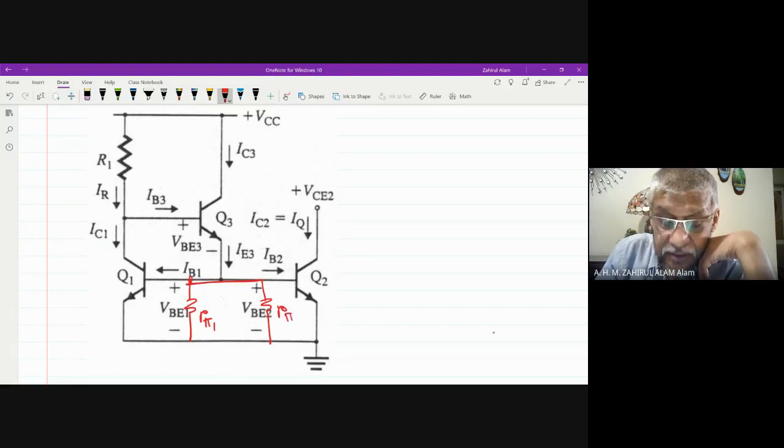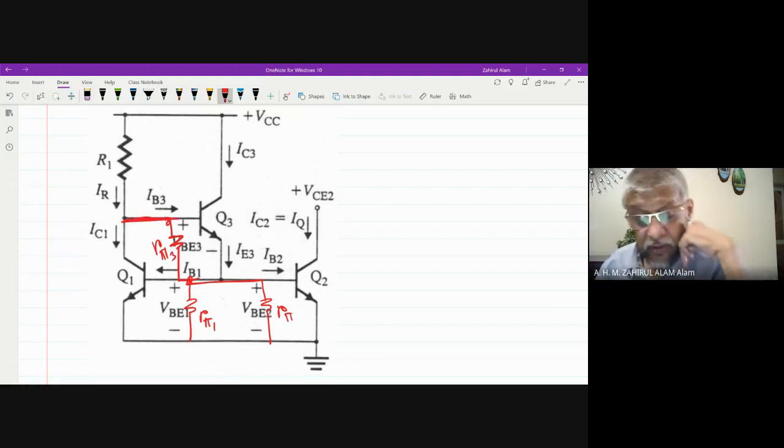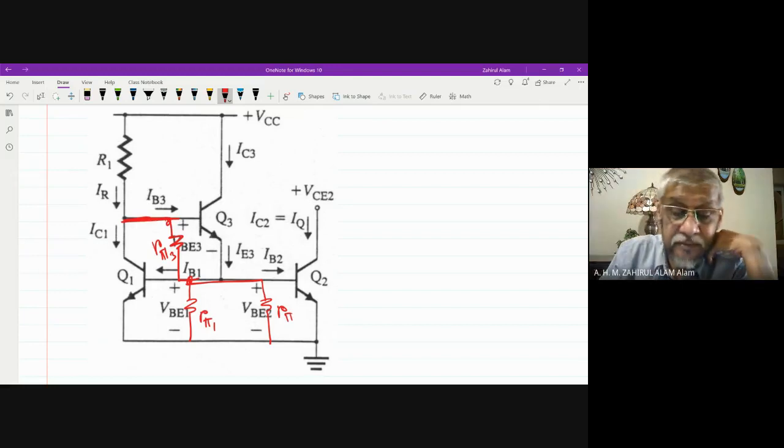And also if I draw here this transistor r pi 3.